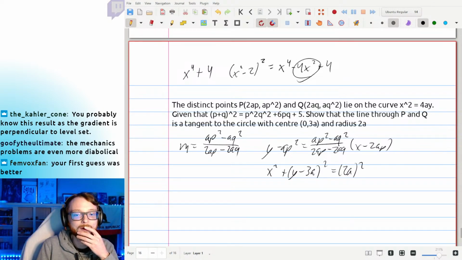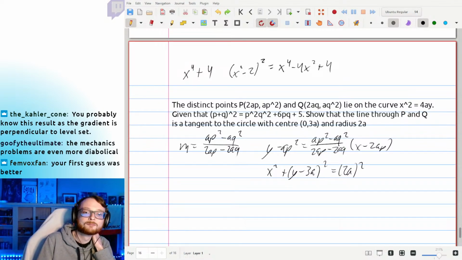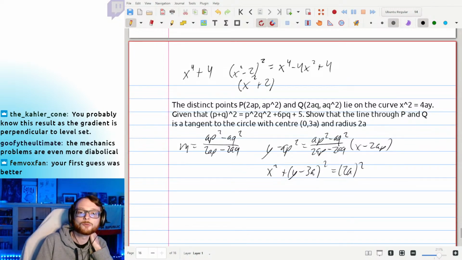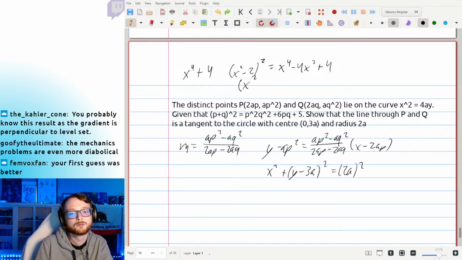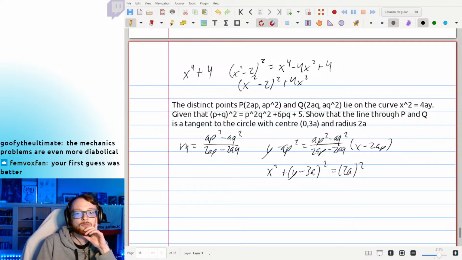So how would I get rid of the minus 4x squared? Oh. Well, wait, do I just literally rearrange this equation? Well, no, that's not the sum of two squares. That doesn't really factor, does it?